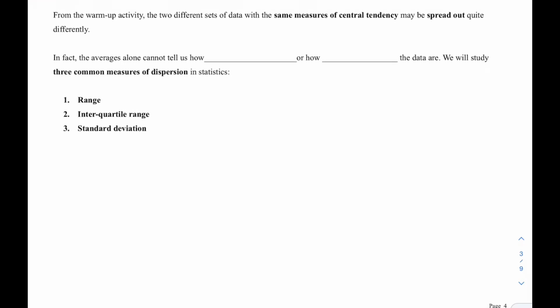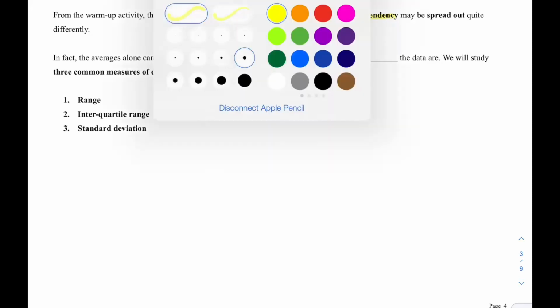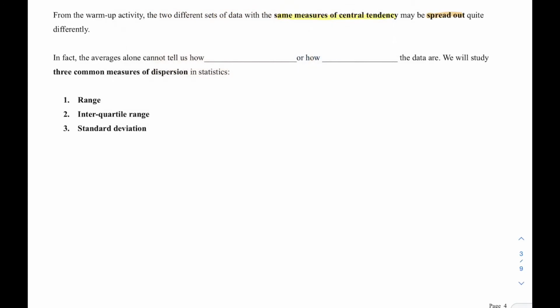So from the warm-up activity, the two different sets of data have the same measure of central tendency, but they may be spread out quite differently.